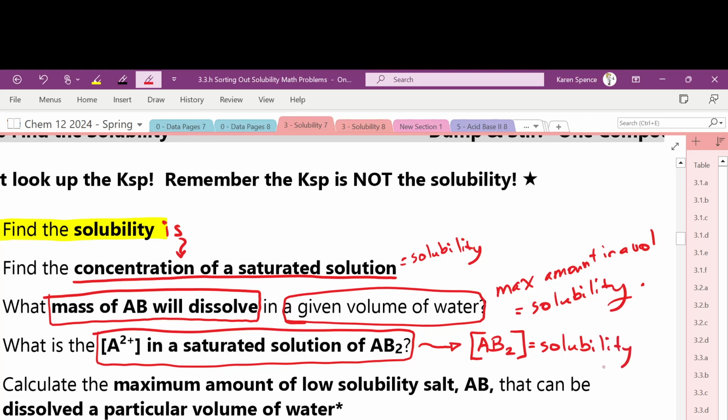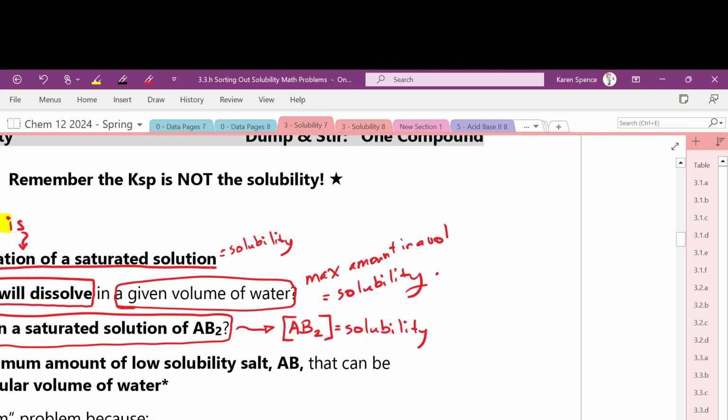Because we've got a saturated solution, so that's the solubility. And then you would say AB2 gives you 2A plus B minus, and let's say this was X, this would be 2X. Yes?